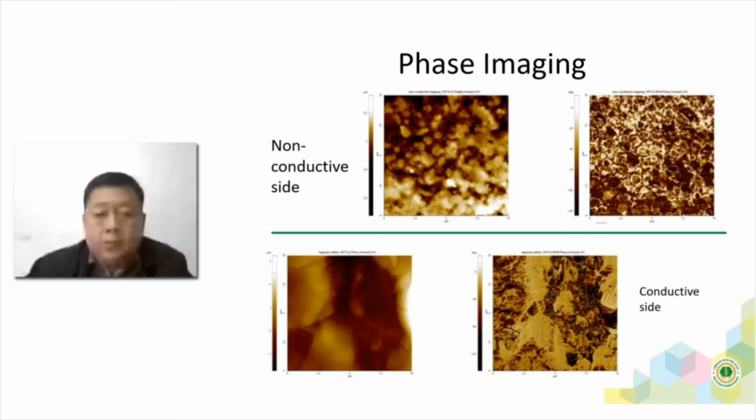But we are pretty sure if you look at the bottom part of the film, like this. Just now I showed you this image already, the 2D one, and this is the conductive side. This is the so-called phase imaging as well, and you can see some very dark black areas, and these areas actually correspond to this area, which is the lower part.